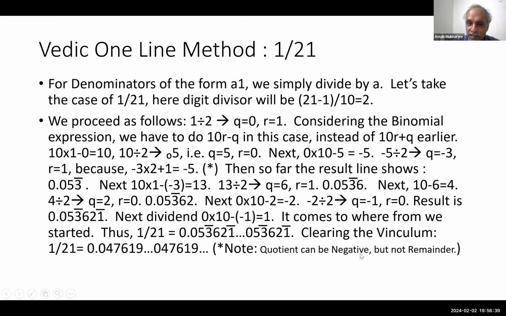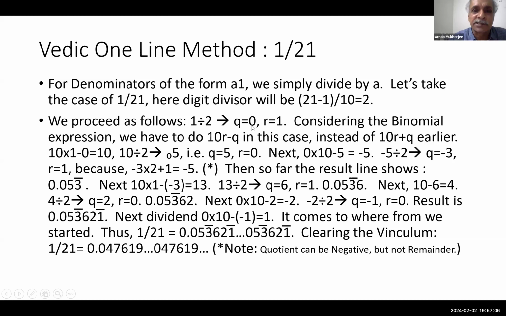You note that quotient can be negative, but remainder cannot be negative. So my quotient is -3 and remainder 1. This has to be, because -3 into 2 plus 1 is -5. Then, so far the result is 0.05 and then 3 over this. Third quotient comes as -3.